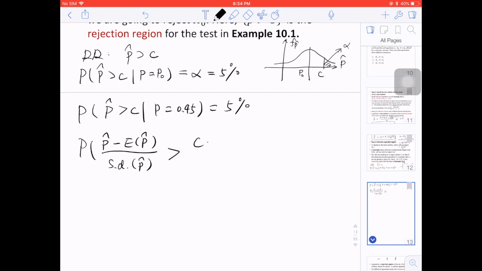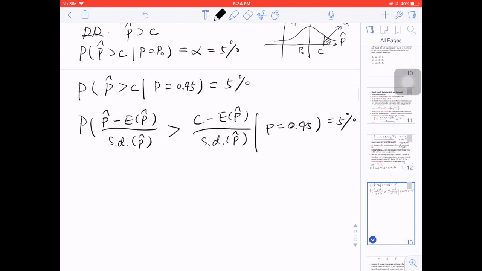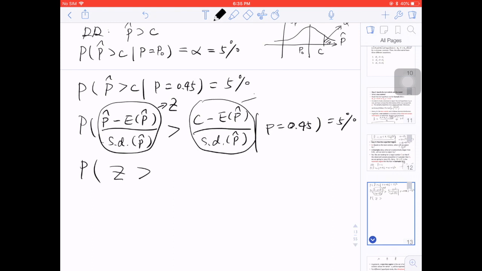So c minus the expectation over the standard deviation, given that p is equal to 0.45, and the corresponding probability is equal to 5%. So z is larger than this c prime.